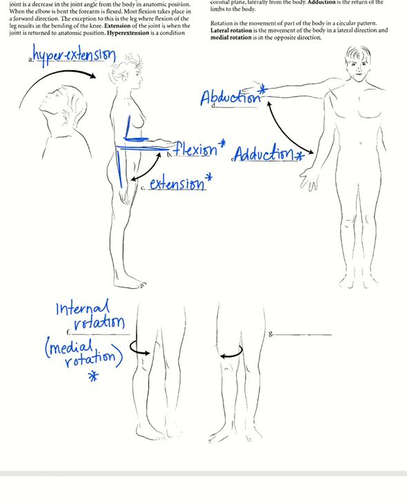Opposite of that, you can have external rotation, or lateral rotation. And this means you're rotating out towards the side, away from the midline. Okay? So that's all we have for this video, covering different anatomical terms, movement terms, and just basic anatomy, anatomical direction terms.